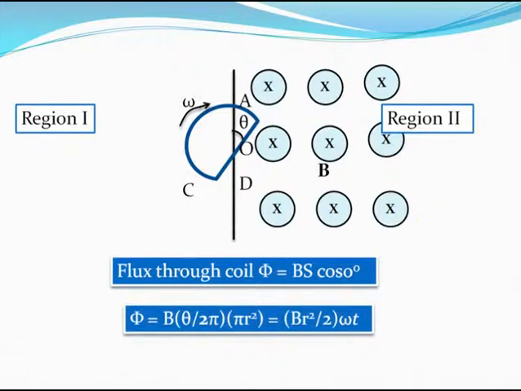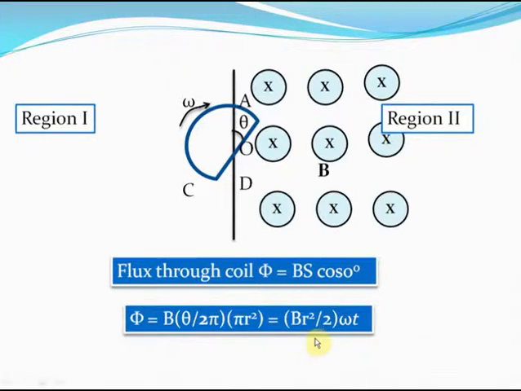Now what is B, what is S? B is definitely the magnetic field given. S here means the area of the loop that has just entered the magnetic field. The area of the loop that has entered the magnetic field at any instant is clearly theta divided by pi into pi r square by 2, isn't it? The angle entered divided by the total angle of the semicircle into the area of the semicircle.